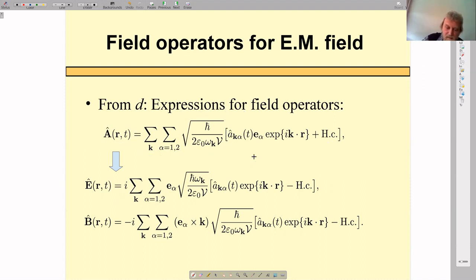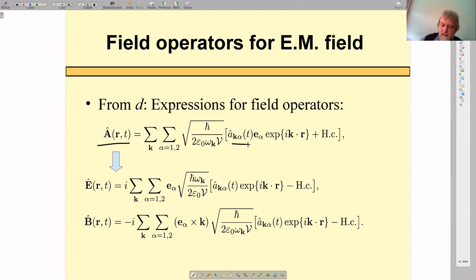Once again, the operator of the vector potential at a given point, at a given time, is expressed in terms of operators. I retain their time dependence, but the time dependence is just trivial. It's an exponent of i omega k t.